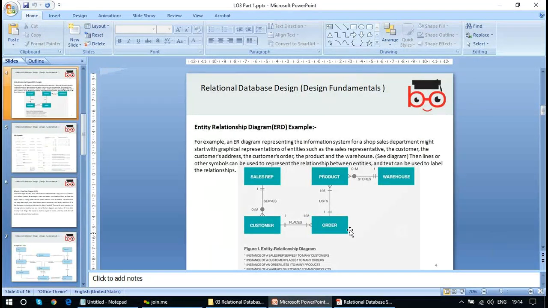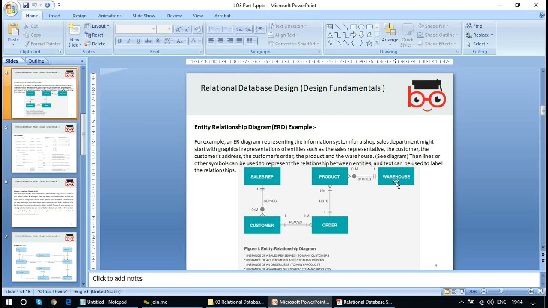So how do the entity relationship diagrams look? Basically you have the entities and their relationships and the attributes. Probably you remember from the previous slides, we created the customer and their relationships, one to many, many to one, and those things.